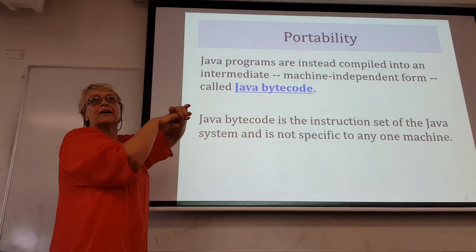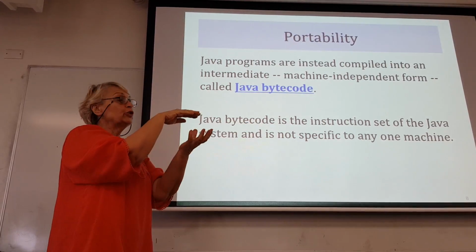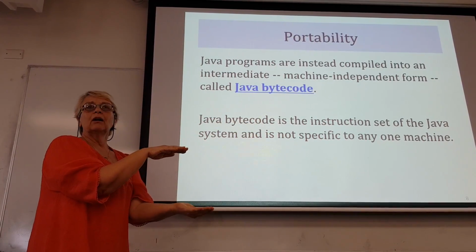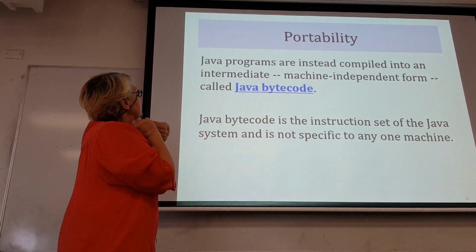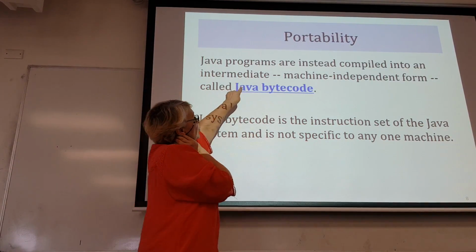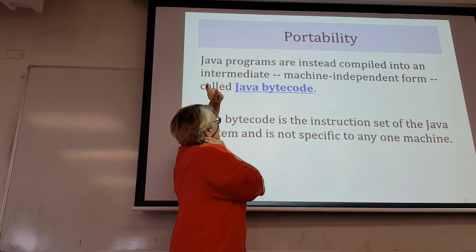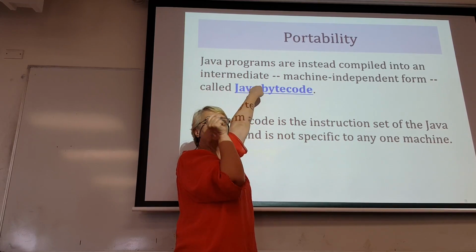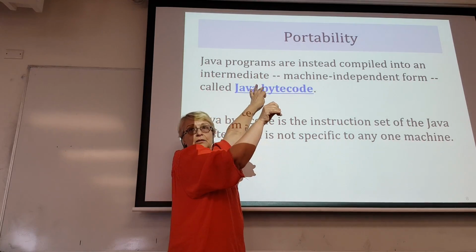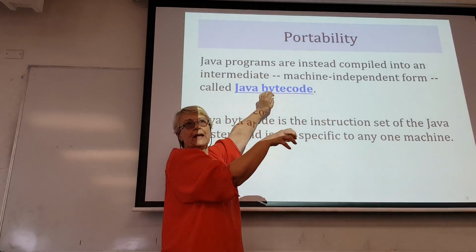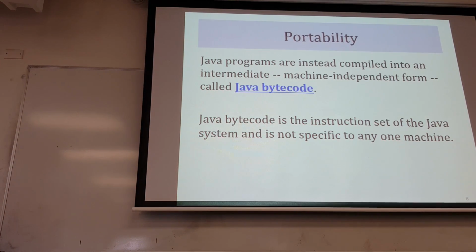And this Java bytecode is run by a software called Java Virtual Machine to convert it to the machine on which it runs. So when we run our Java programs with a compiler, we get what is called a .class file, not for human reading. The .class file contains Java bytecode, and that file is for the Java Virtual Machine.